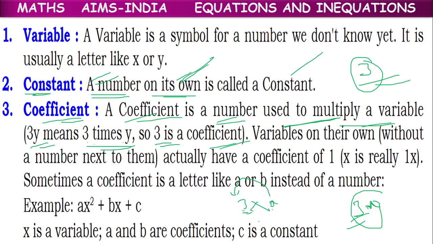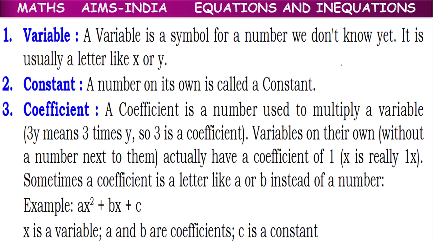Suppose you have a variable without a coefficient. Then we can assume that there is 1. Variables on their own actually have a coefficient of 1. Suppose you have a variable x, and before that there is no coefficient.